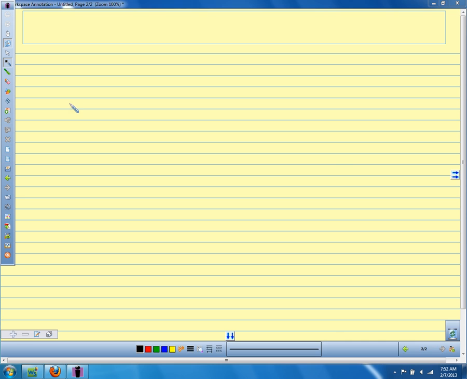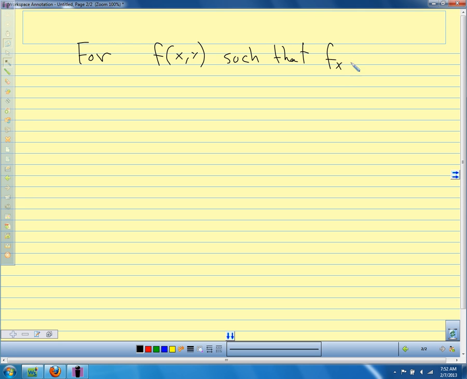But we're going to say that for a function f of x, y, such that our mixed partials are continuous, and they're continuous on some open disk.